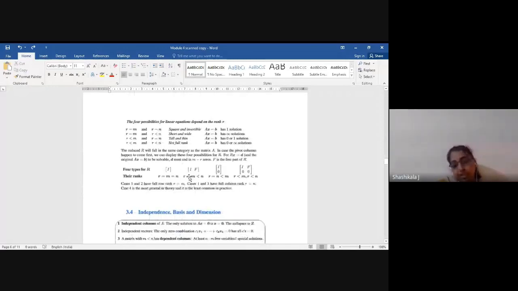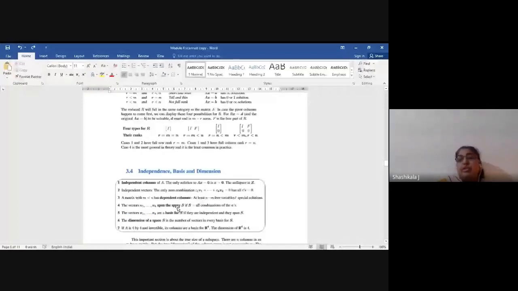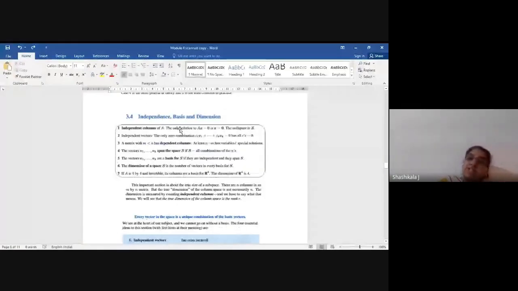Otherwise you will get some free variables, I and F, representing the free variables. No need to remember this, just understand. Any doubt in this till now? Next, we will talk about independence, basis and dimensions.